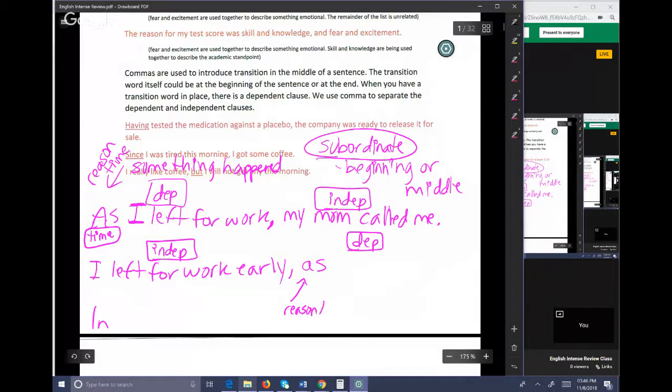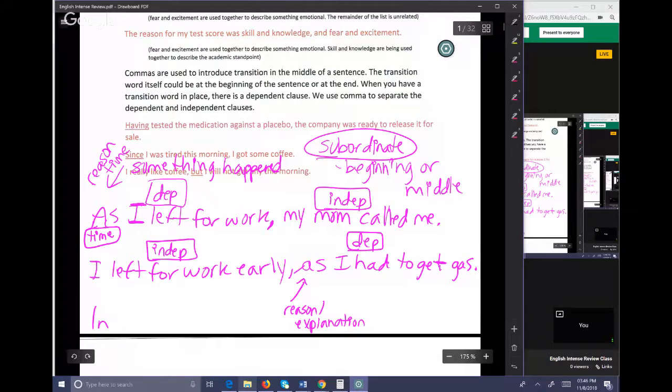We're going to be giving an explanation for something. So "as" is functioning here as saying, here's my reason for doing this. "I left for work early as I had to get gas." We'll make that our sentence. So now instead of my point being that I left for work early, my point is I had to get gas. This is dependent because of the word "as."